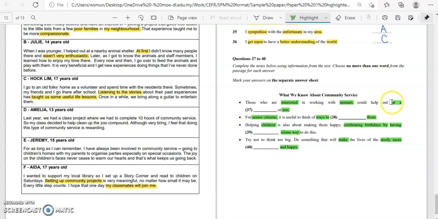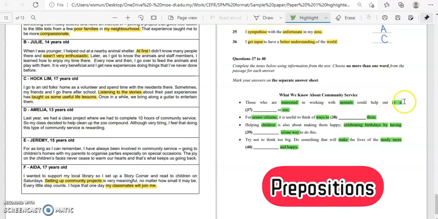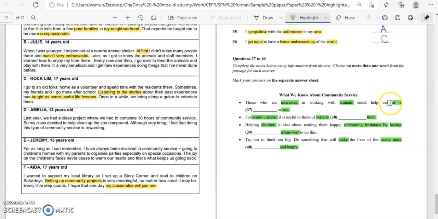And you notice that I also highlighted the preposition at. Since I have the word at, you know that the answer to be filled in the gap here should be a place. So let's scan through paragraphs B and D again to find out the word that mentions a place that can fit in here.